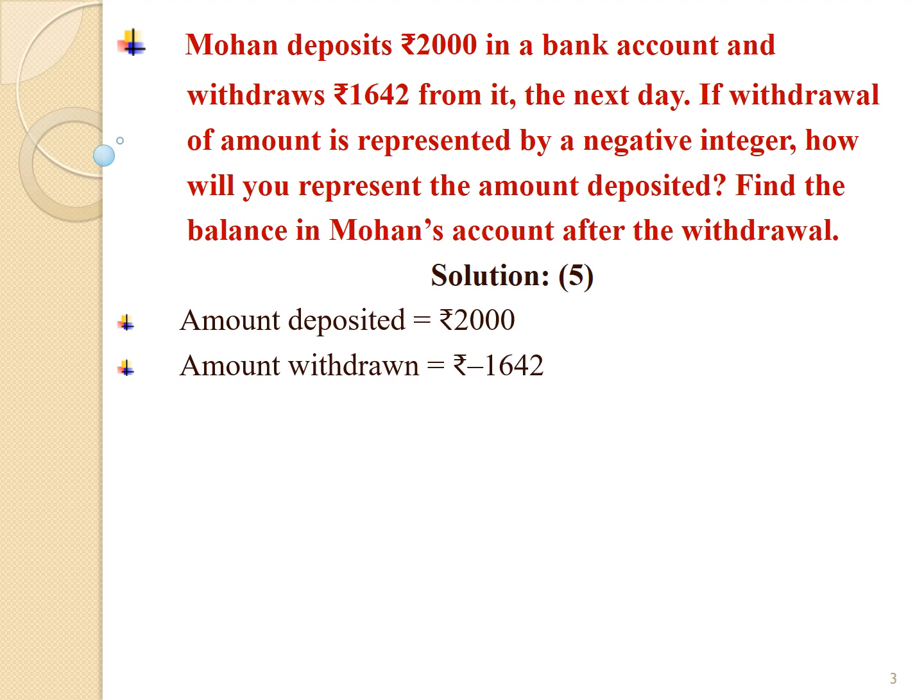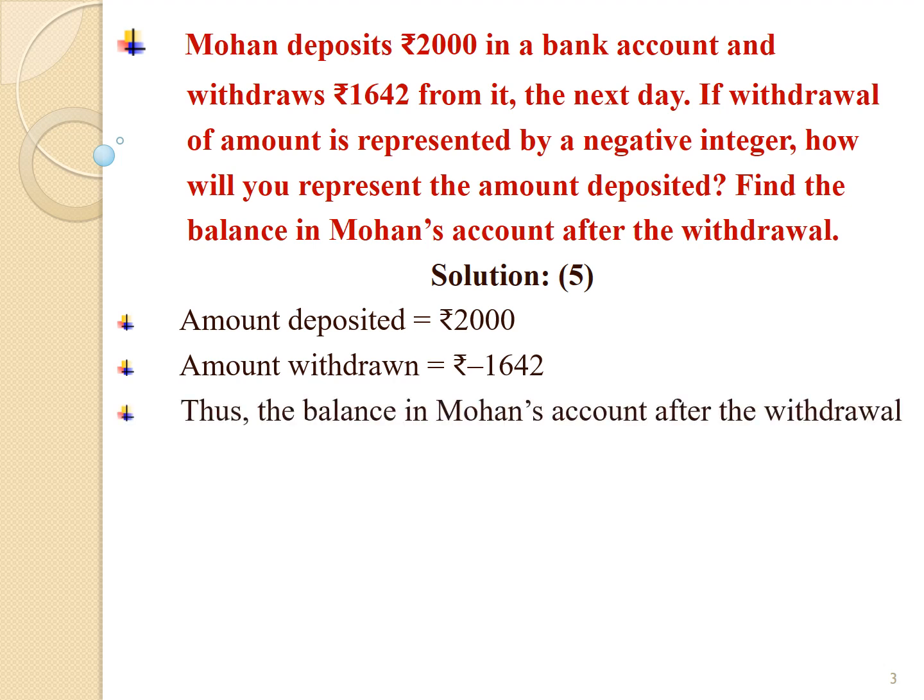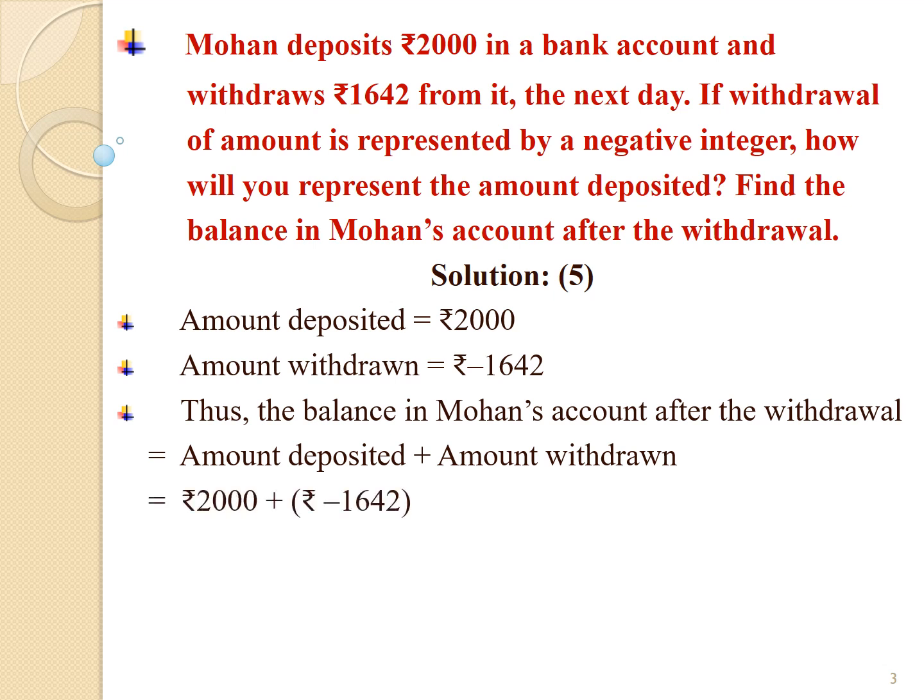Thus, balance in Mohan's account after the withdrawal equals amount deposited plus amount withdrawn, equals rupees 2000 plus rupees minus 1642.